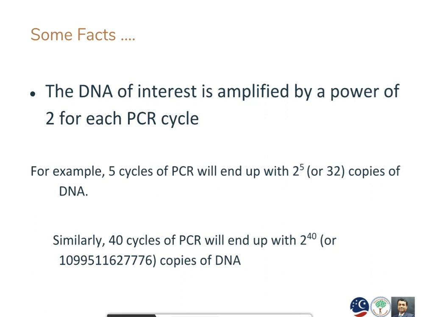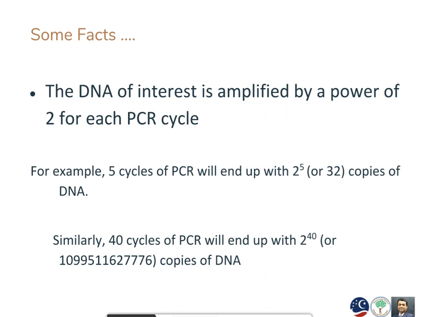Next interesting thing here is the calculation. As you have seen, we start with one molecule of DNA, which after two temperature cycles is giving four molecules. So the DNA of interest here is amplified by a power of 2 for each PCR cycle.